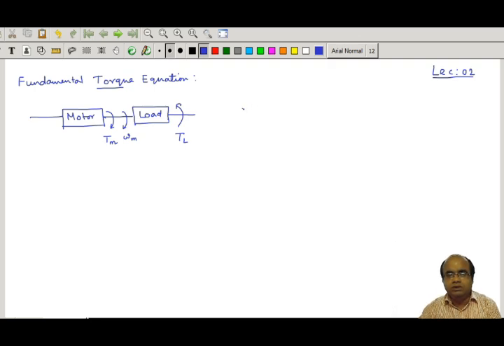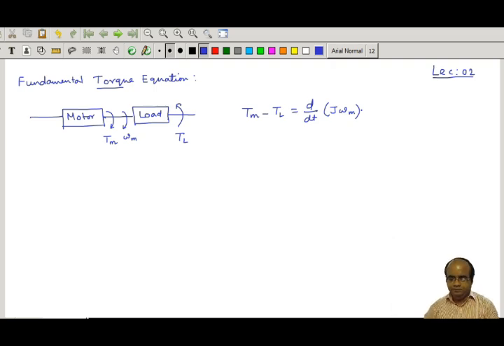The equation becomes: motor torque minus load torque will be d/dt of J omega m, where J is the moment of inertia of the motor load system.